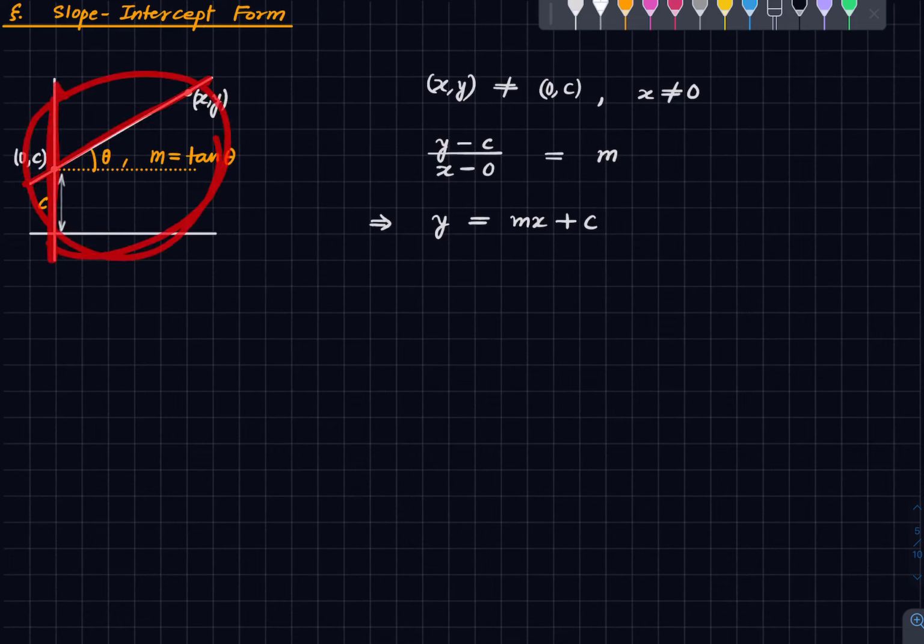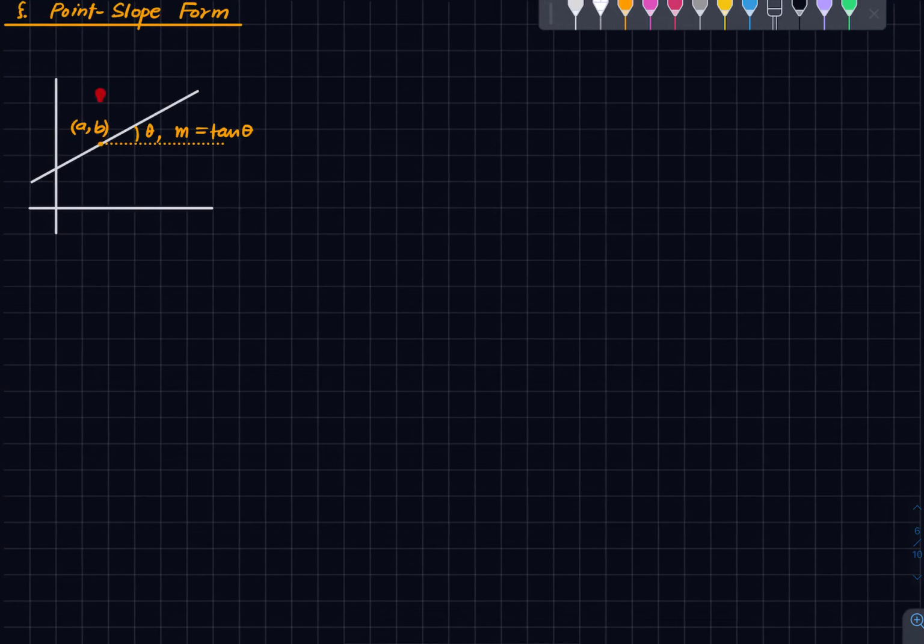So here it doesn't make any sense to have the slope as infinity. That case simply doesn't make any sense. But here you could have a vertical line passing through a given point. So that one can be dealt with separately. So we will make our deductions in this case where the line is not vertical.